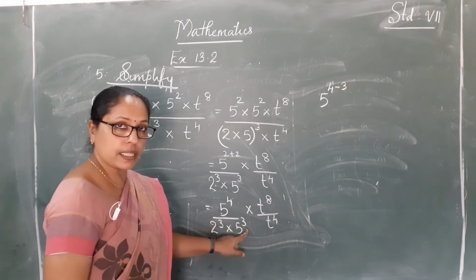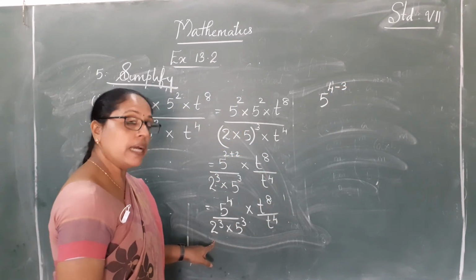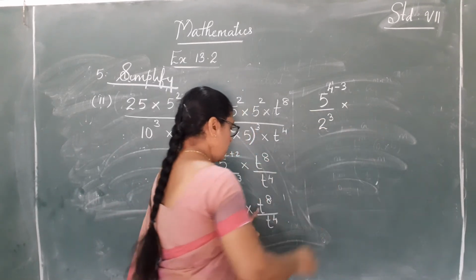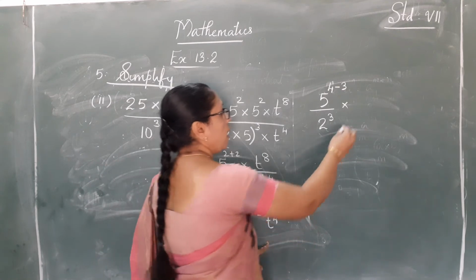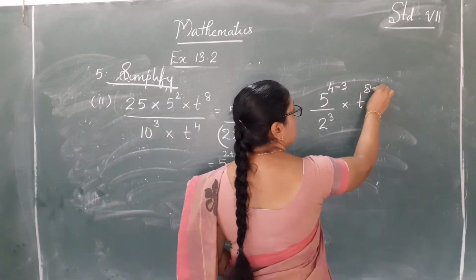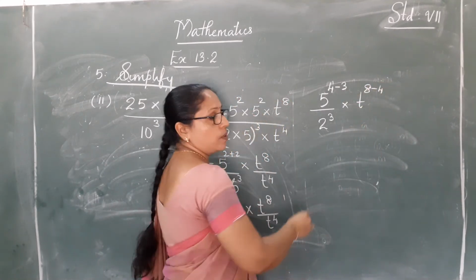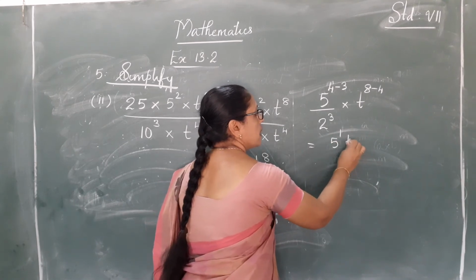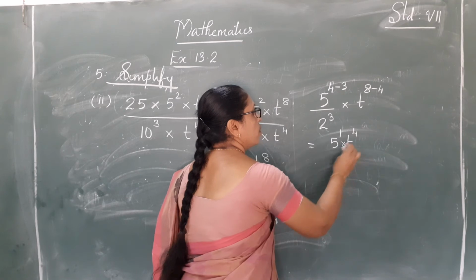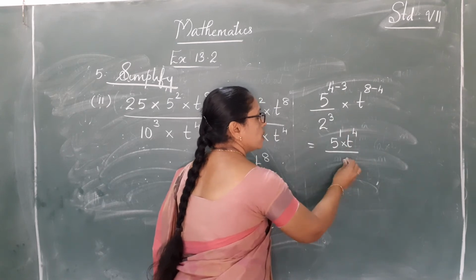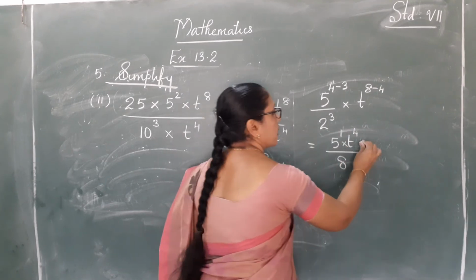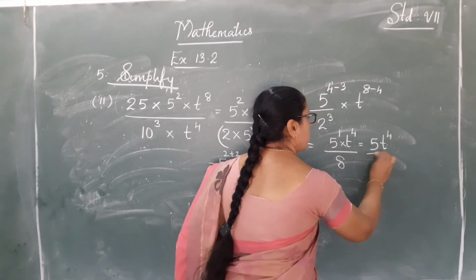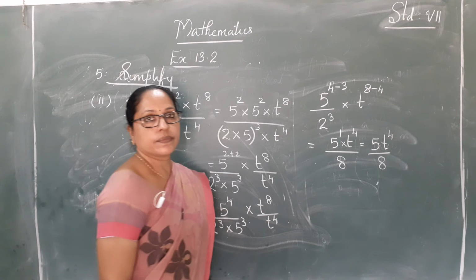Powers will be subtracted and down what we have 2 raised to 3 into here t raised to 8 minus 4. Okay, 8 minus 4. So 5 raised to 1 t raised to 4 by 2 raised to 3, that is 8. So we get the answer 5 t raised to 4 by 8.